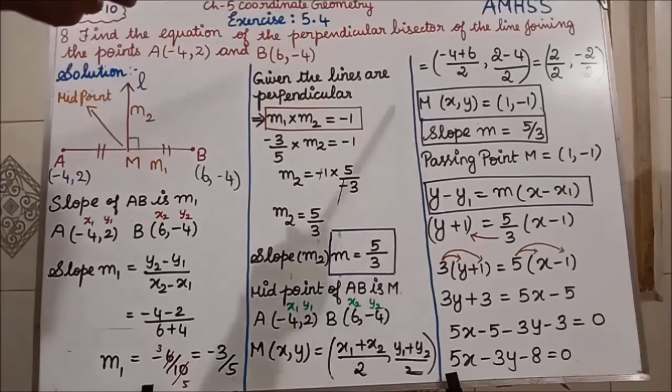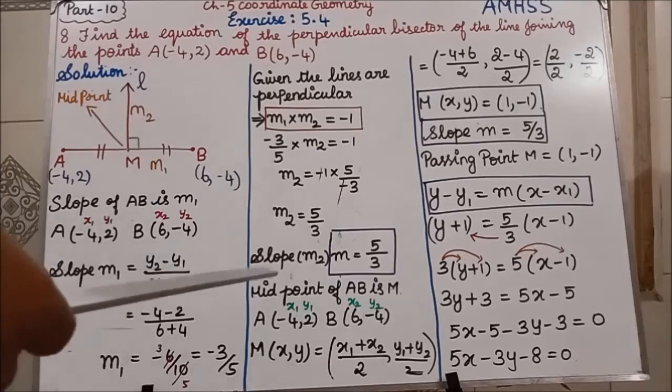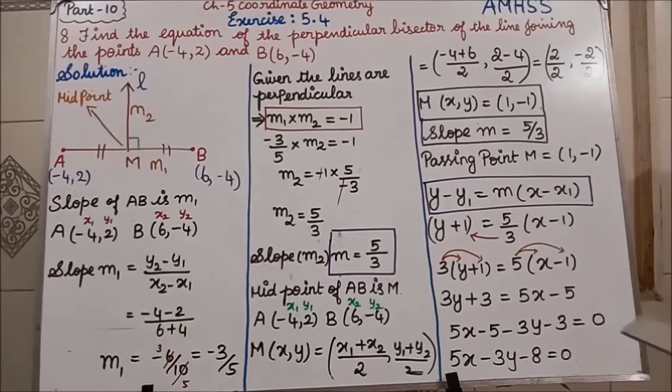The x1 value is -4 plus the x2 value, which is 6, divided by 2, comma, the y1 value is 2 and the y2 value is -4, plus only in the formula, so -4 only, divided by 2. So 2 divided by 2, comma, see here, 6 minus 4 is 2 by 2, 2 minus 4 is minus 2 by 2. So if you cancel, we are getting 1 comma minus 1.